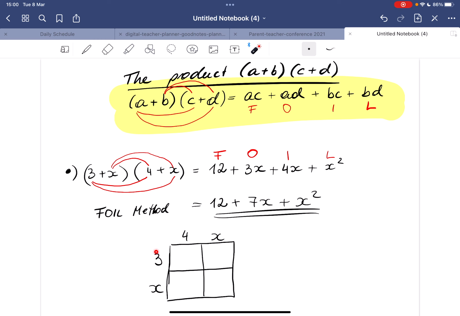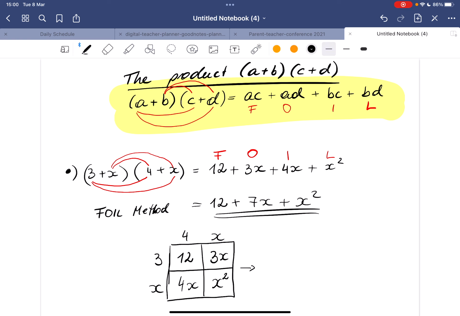So you would start: 3 times 4 gives you 12. Then you would do 3 times x, which gives you 3x. Next would be x times 4, giving you 4x. And x times x down here gives you x squared.